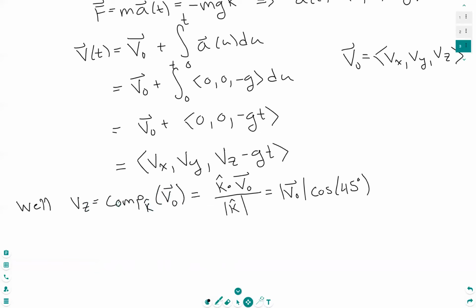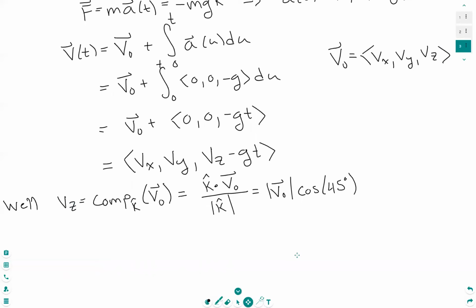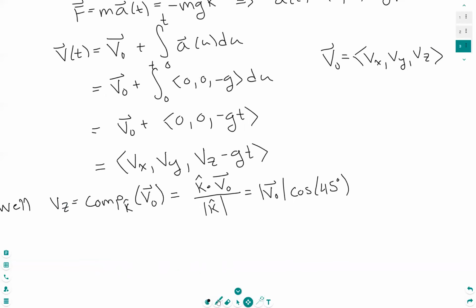So this is our scalar projection here, if you recall. So here, because we're at 45 degrees, why is it at 45 degrees?